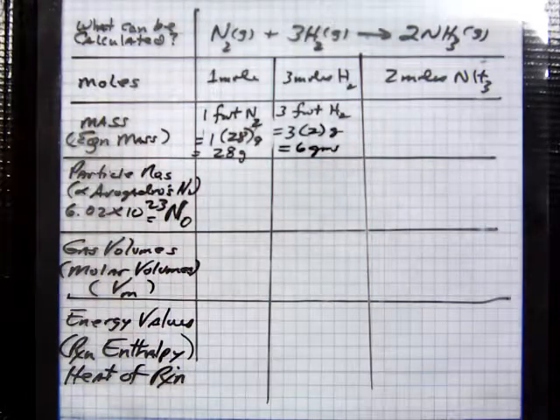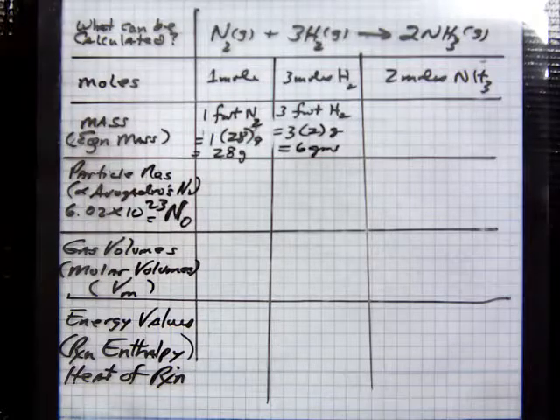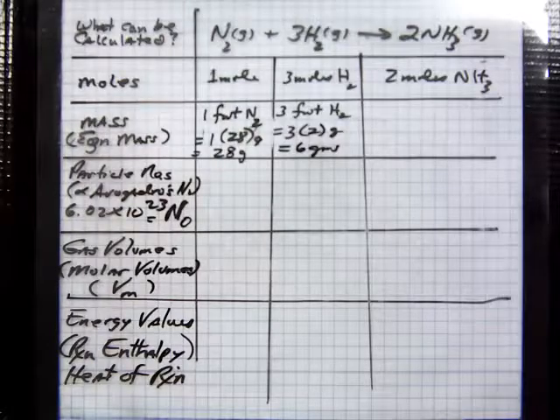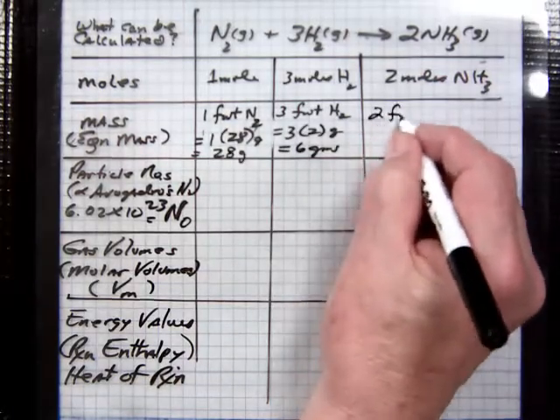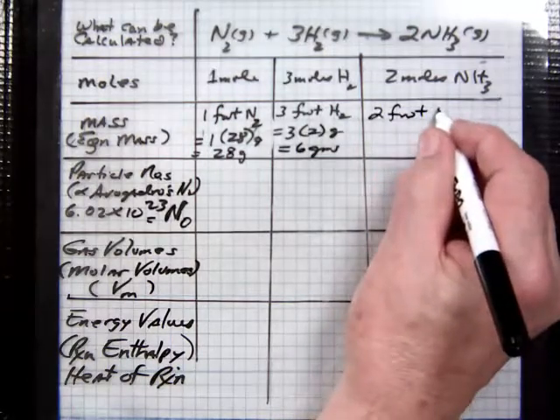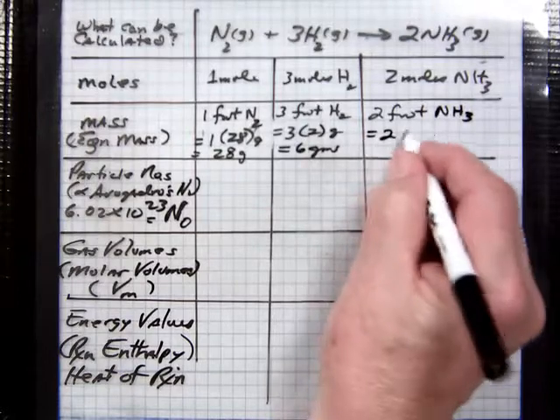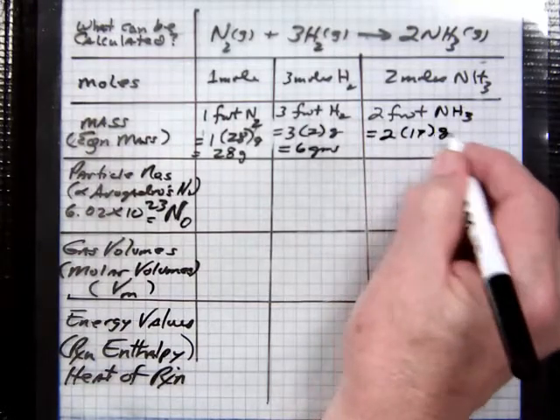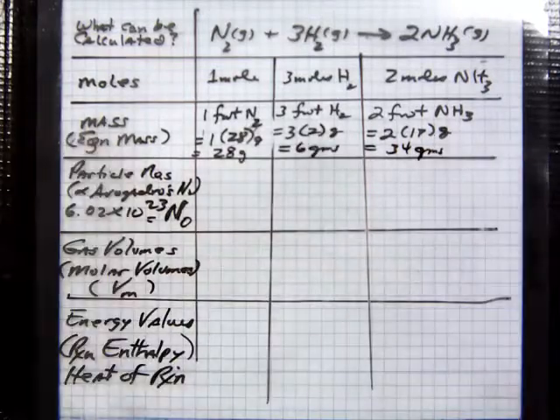For hydrogen, if you had 7 grams, there'd be 1 gram left over. There'd be an excess. It wouldn't react. That's what it's telling me. 2 formula weights of ammonia. And that would equal 2 times 17, 34 grams.